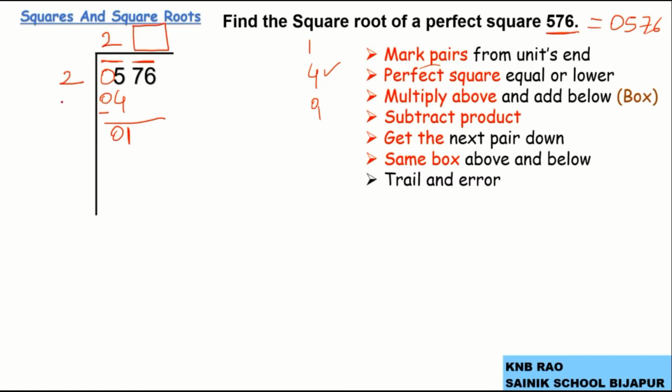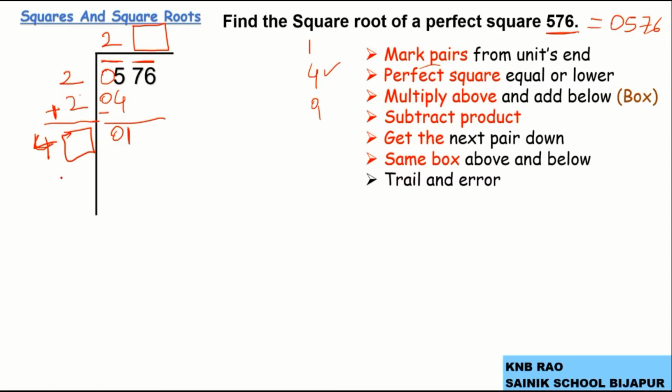And now I have here this 2 added, which gives me 4. So I have here a 2-digit number, 4 being in tens place.